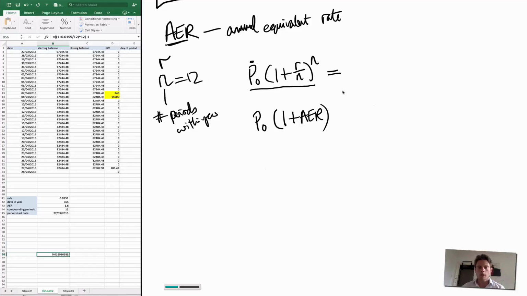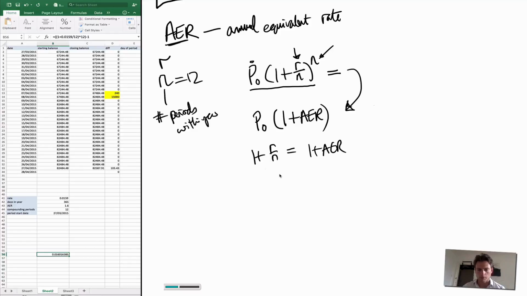So we basically solve these and rearrange to find out what AER is, because AER is a function of the nominal interest rate and the compounding periods. If we rearrange, we find 1 plus R over N, to the power N, equals 1 plus AER.